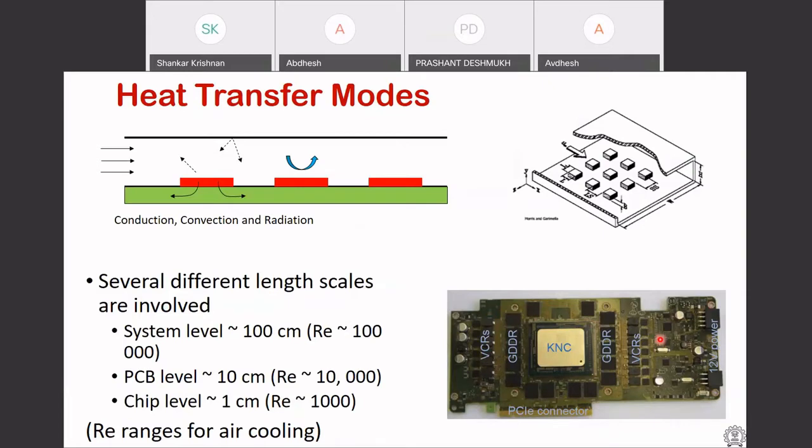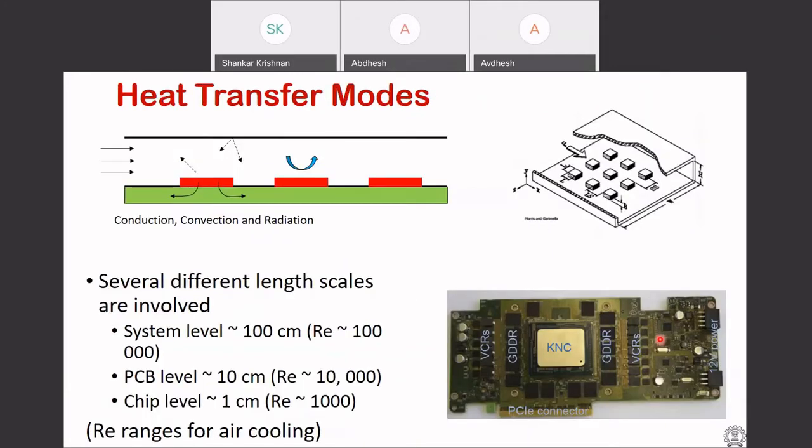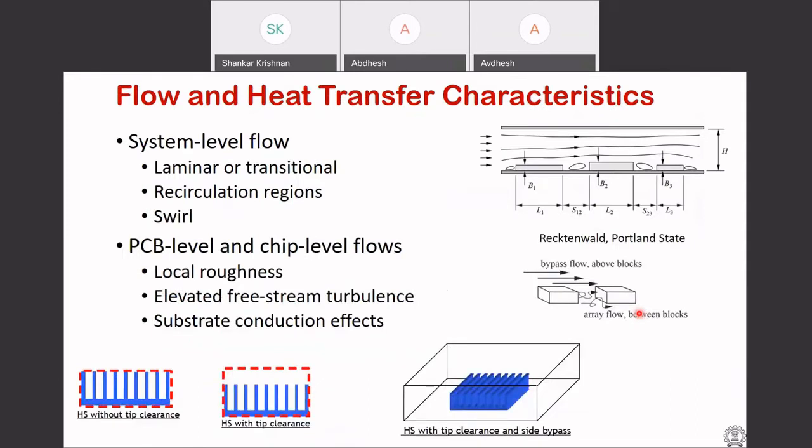But in many situations, when you're talking about a motherboard or a printed circuit board, you always see that it is highly turbulent because of the height variation in the system itself. So we have always talked about it. There are many situations that arise.